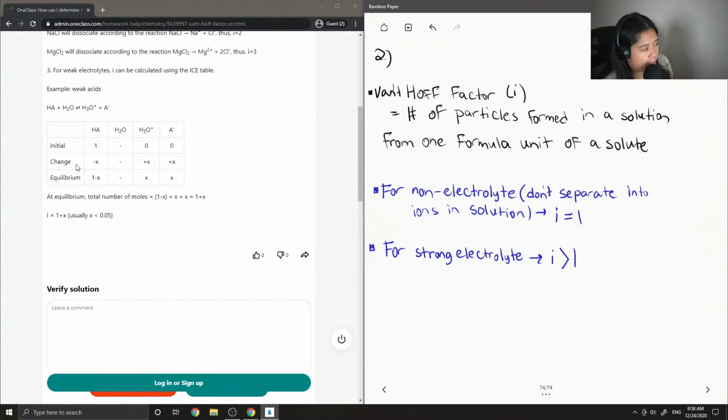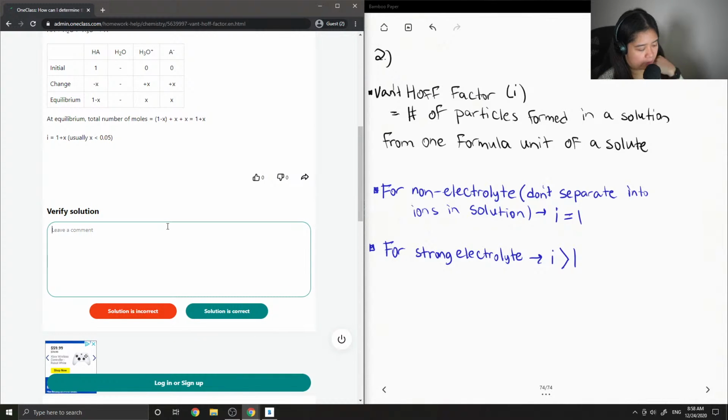The change is how they change in concentration, and then at equilibrium, the reactant is 1 minus x and the products are just x. So at equilibrium, the total number of moles is equal to 1 minus x plus x plus x, which is equal to 1 plus x.